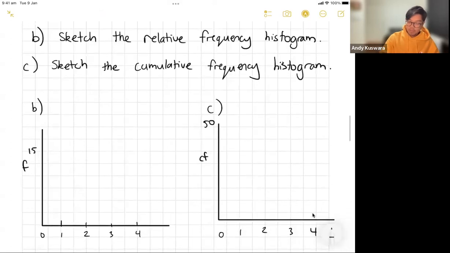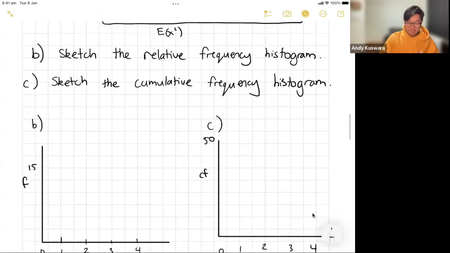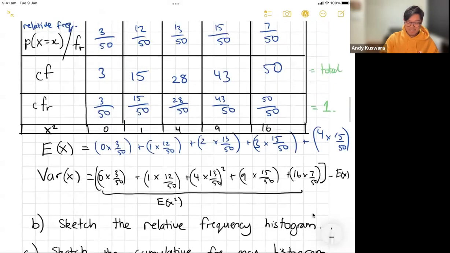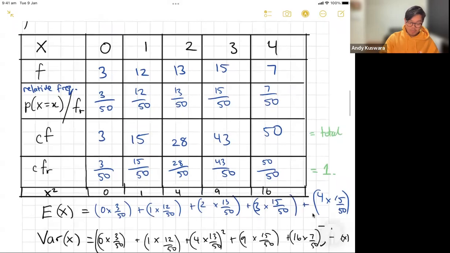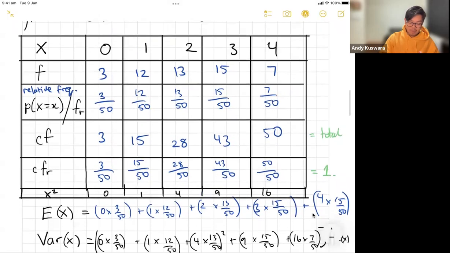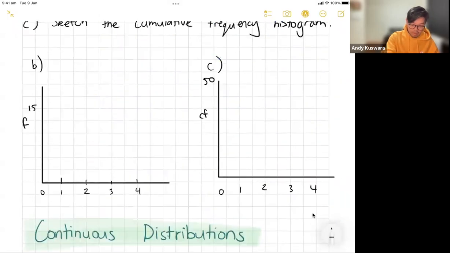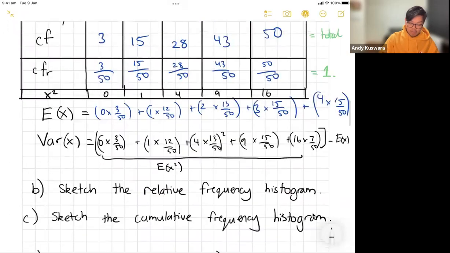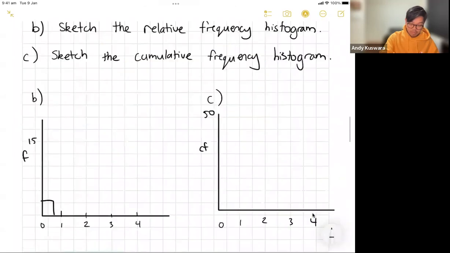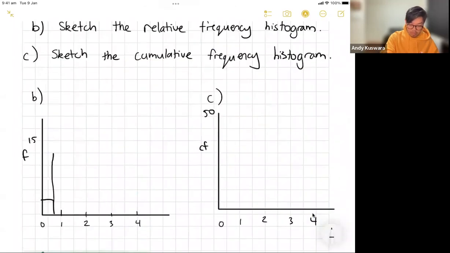All right, I apologize. I'm not going to go through it all today because I feel like it'll be boring watching me do this. But say, for example, let me do the first one. When the score is 0, my frequency is 3. When my score is 1, my frequency is 12, so I'm going to go all the way up to 12.